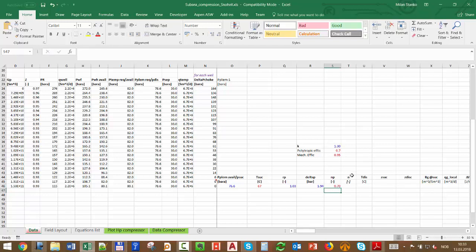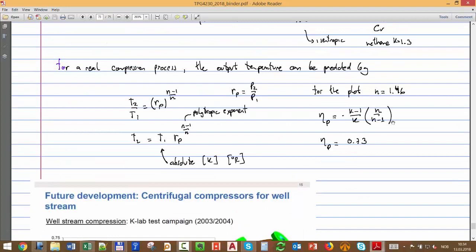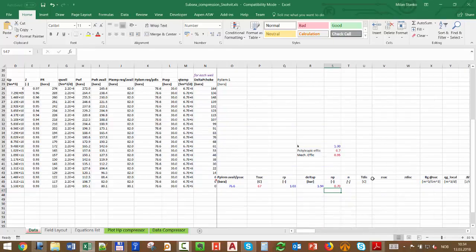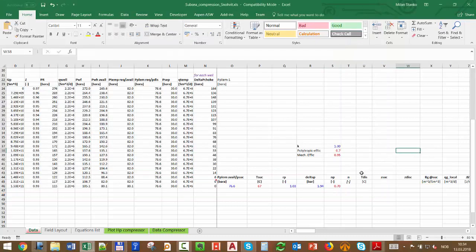We have to calculate the polytropic exponent. That we do with the equation I showed you yesterday. We have to solve from here for n, but I have done that already for you. If you go to Alt F11, there is the polytropic exponent with k and the polytropic efficiency. So let's use that equation.